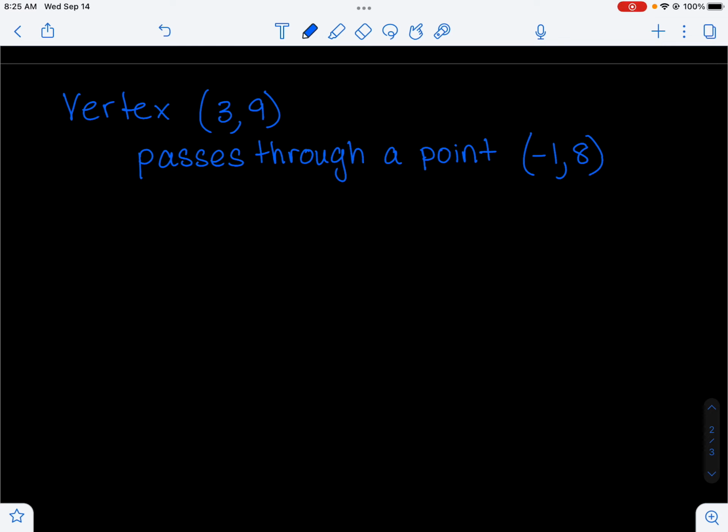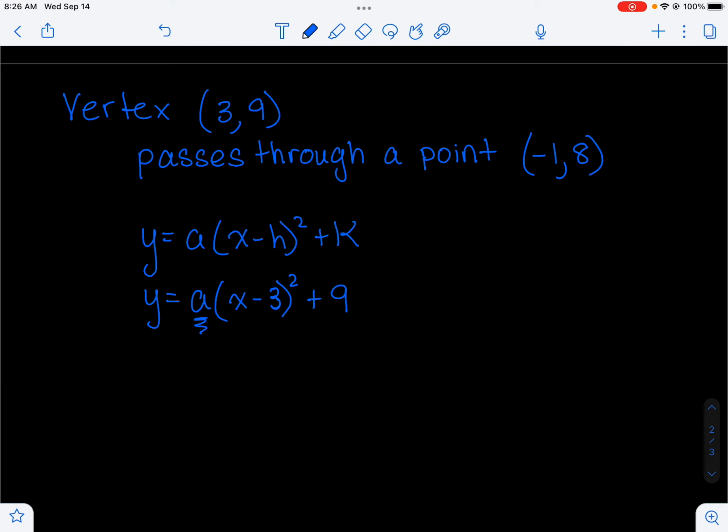So now they've given me the vertex. So now I feel like it might be easiest to start with vertex form. Depending on the information given, it might be easiest to pick a certain type of equation to start with. So in here, I could sub in 3 for my h value, 9 for k, and I'm left with not knowing what a is again.